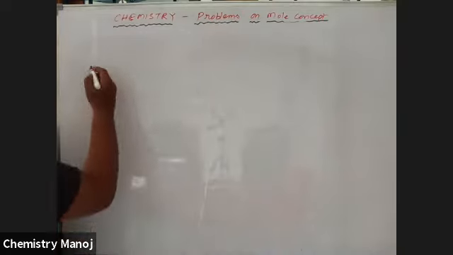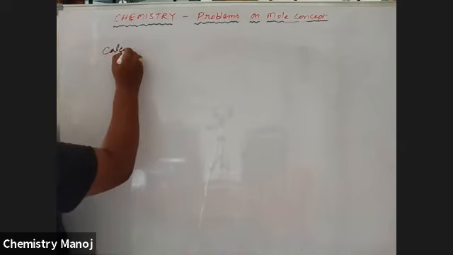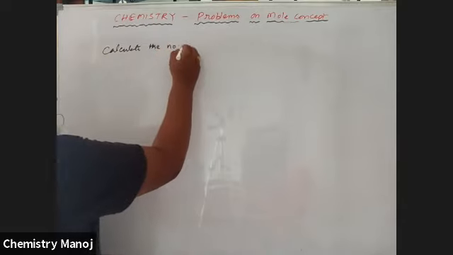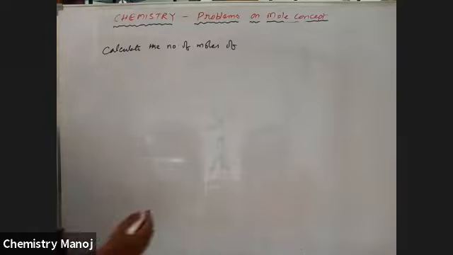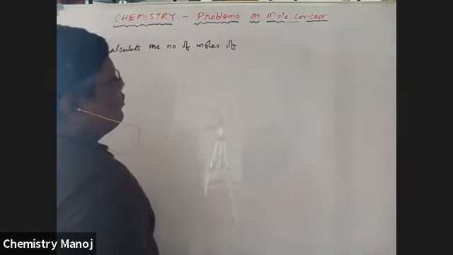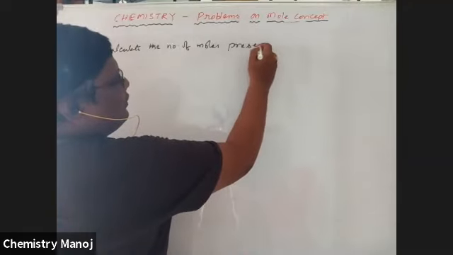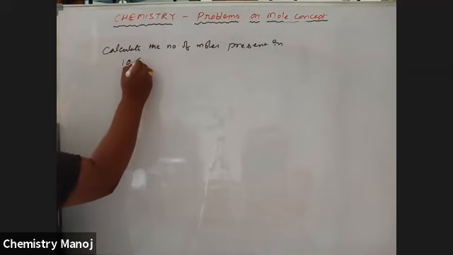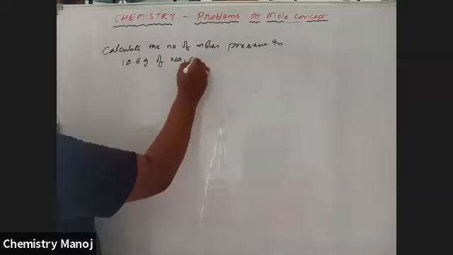So now the first problem is: calculate the number of moles present in 10.6 grams of Na2CO3.